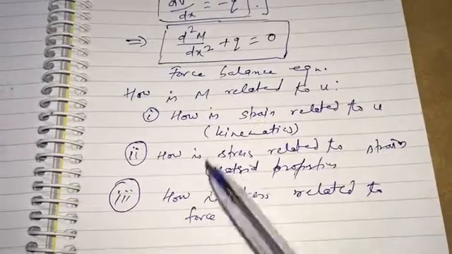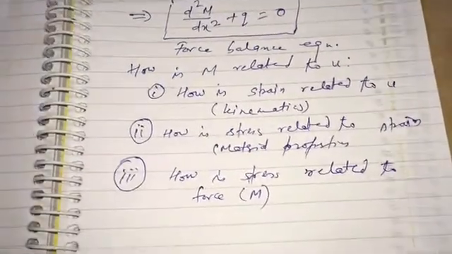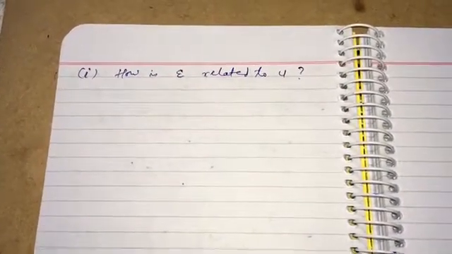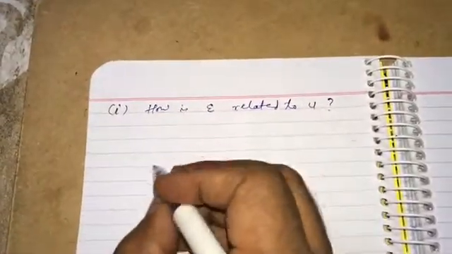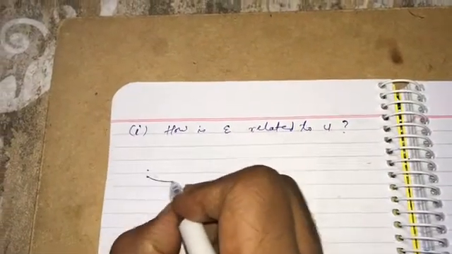So let's look at them one by one. Number 1 is how is a strain related to u. This is the question. For that we have to go back to what you did in the solid mechanics class, the strength of materials class. So let's draw the diagram that you drew there.